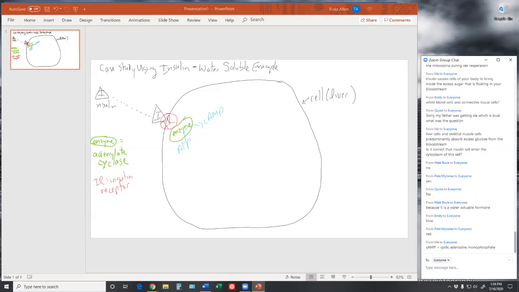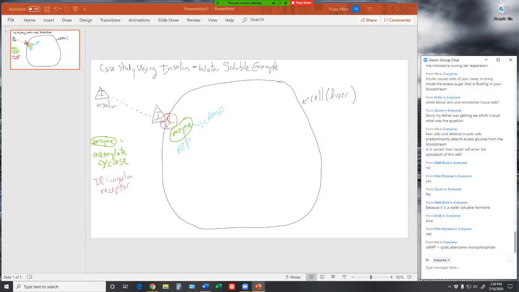All right, gang. So here's what we have to say. Cyclic AMP, in the context of our conversation that we're talking about right now, is given a special descriptive name.